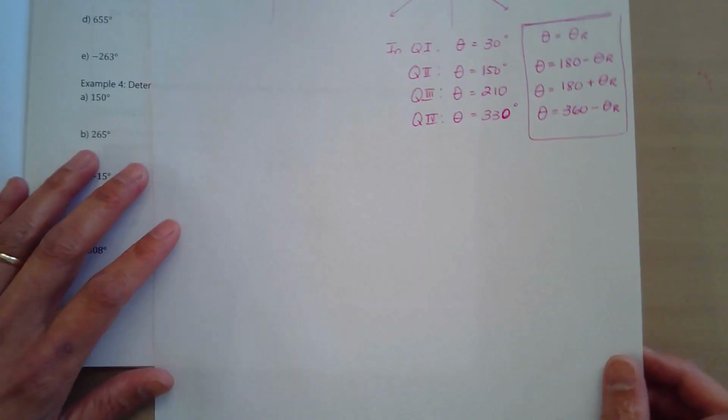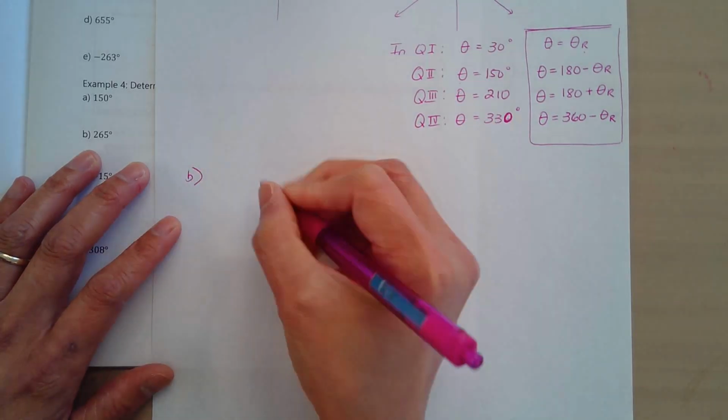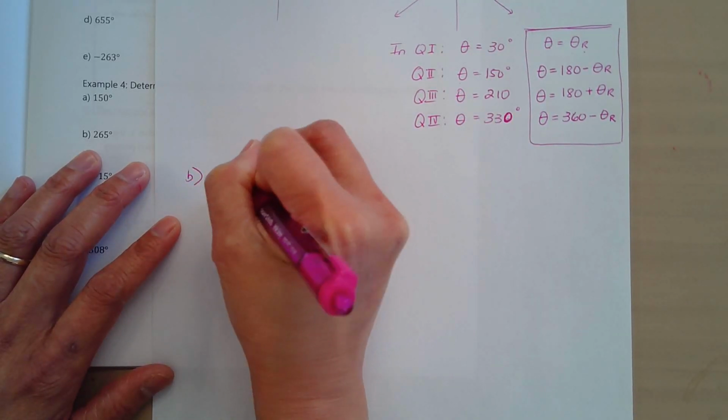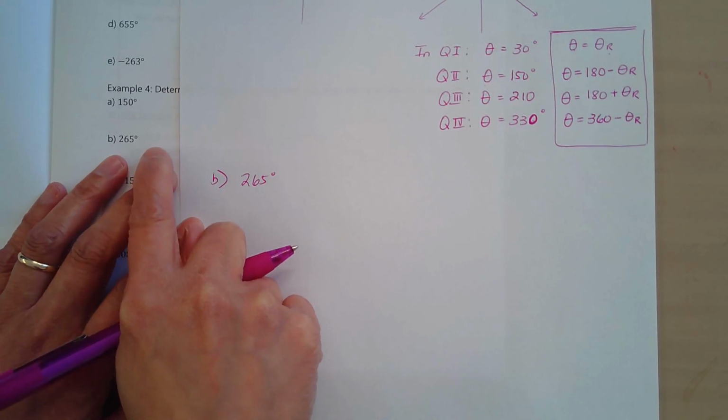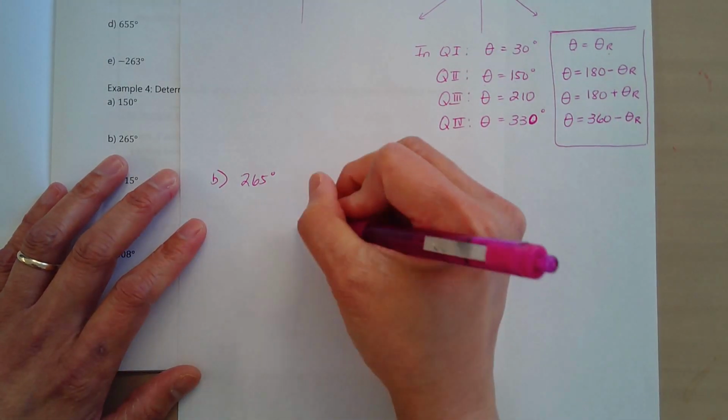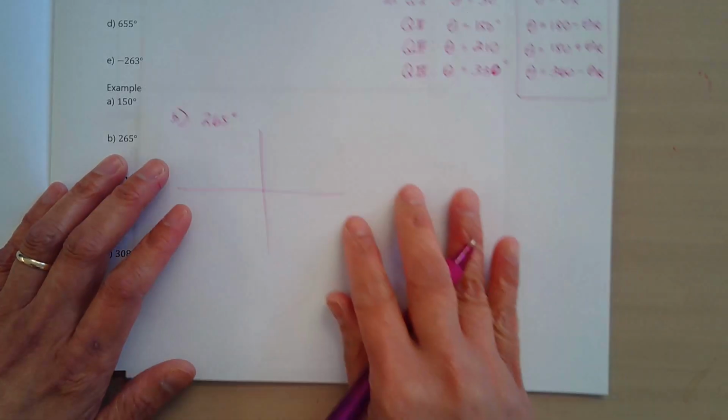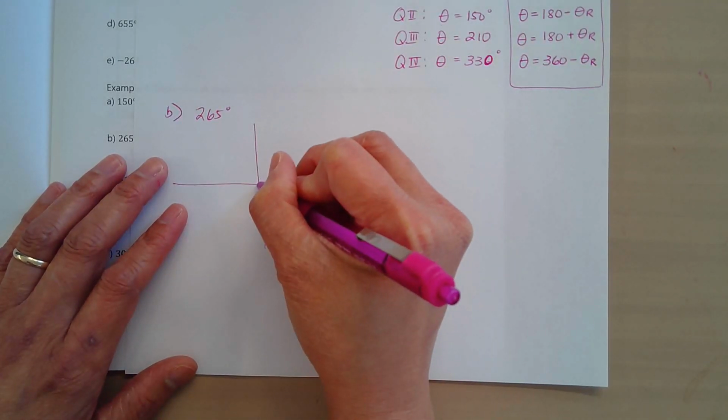Okay, let's take a look at letter B. 265 degrees. Well, this can't be a reference angle. It's too big, more than 90 degrees. So 265, see what that looks like.